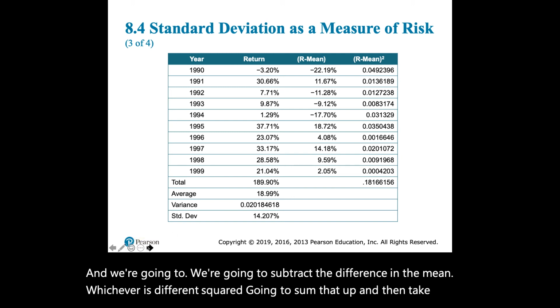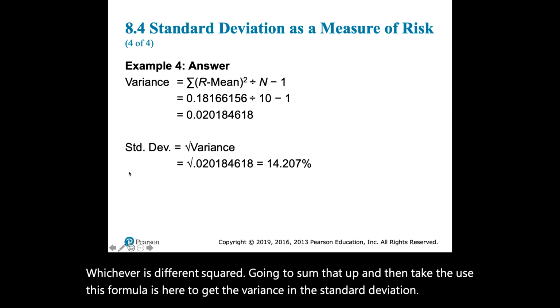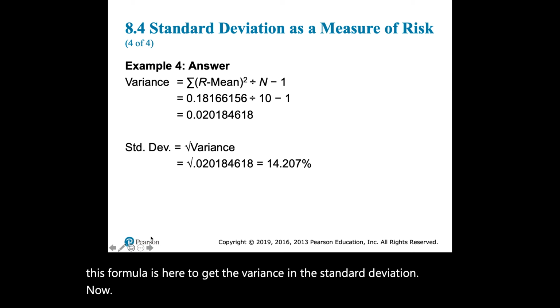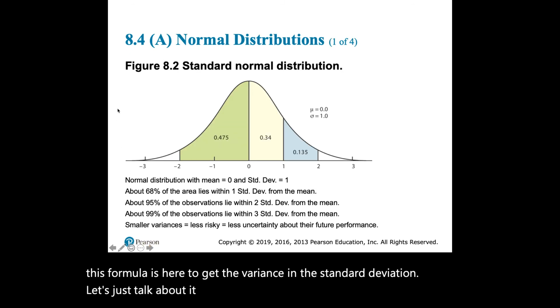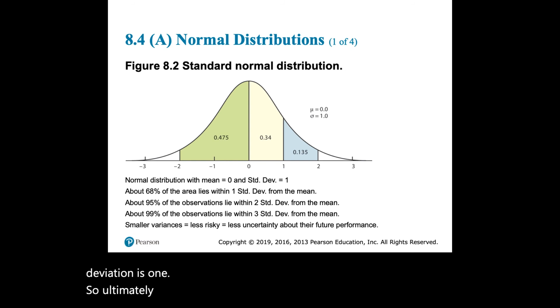Now, let's just talk about it in general. When we talk about normal distribution and standard deviation, we'll use this example where the mean is 0 and the standard deviation is 1. Within one standard deviation, plus or minus, basically all this area here, 68% of the probability lies in that area.